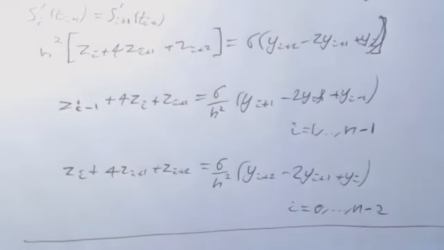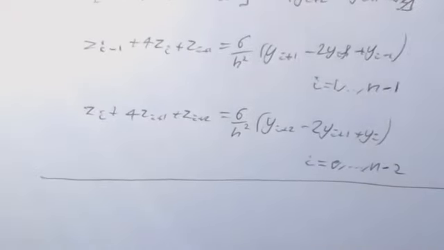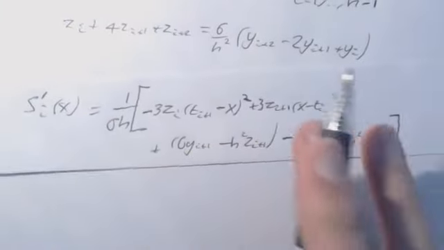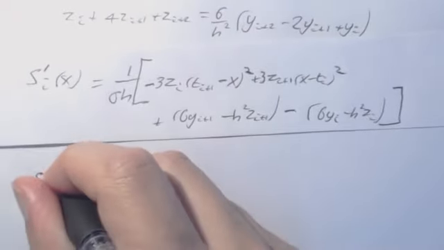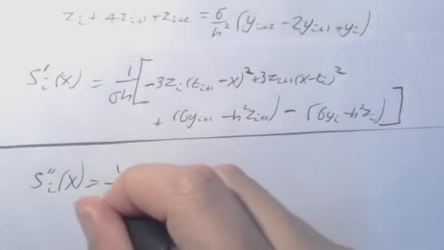So that's good. So next let's now do the second derivative. So our first derivative was this. Let's try differentiating it. So s_i double prime of x equals 1 over 6h.